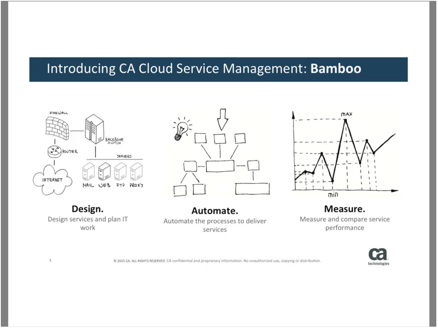And then lastly is measurement. I think measurement is often one of the most important things because it's very difficult to define all the different metrics that you need to understand, are you performing well as a service management organization for the business services that you support.